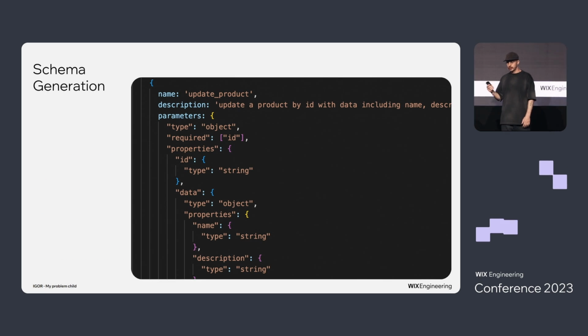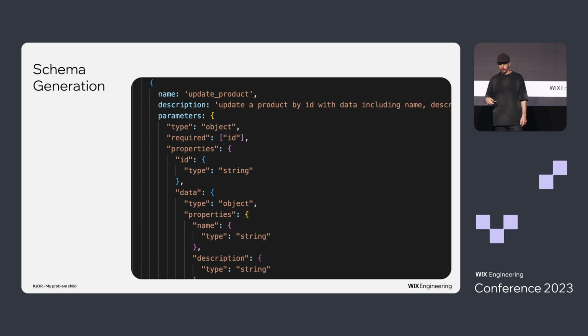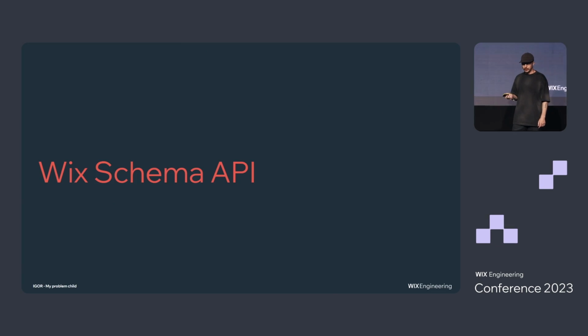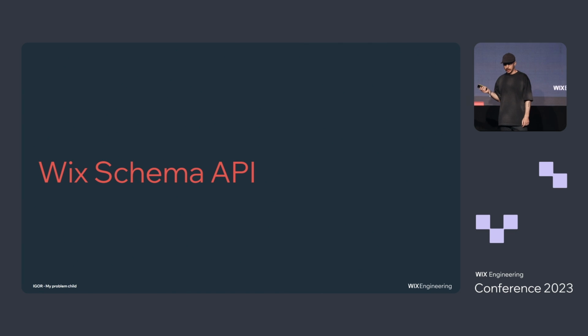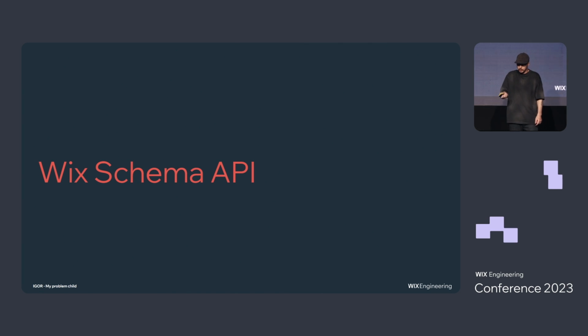But there is another journey that this function calling demo sent me on that I want to mention. For making the function calling demo, I manually created the JSON schema for these two functions, query product and update product. But what I would have wanted is to auto-generate a JSON schema that is compatible with the Wix SDK, right? As it turns out, Wix Schema API is actually exactly this schema of all of Wix APIs.